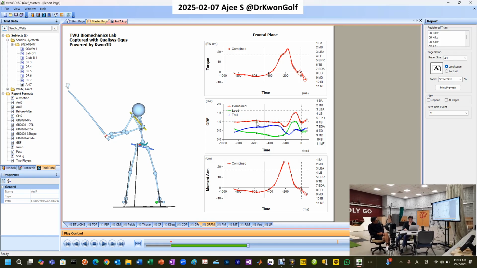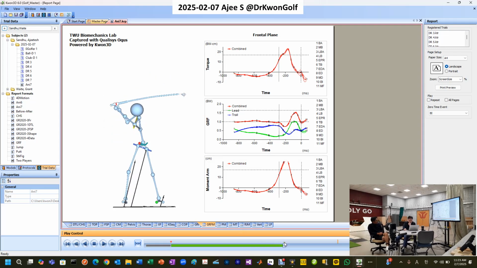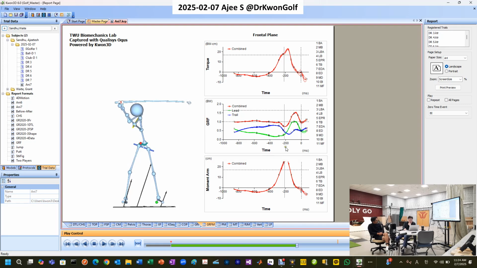If you don't push that well here, then you have this minimal unweighting. Essentially, up to this point, you don't have much unweighting. And then unweighting starts here.